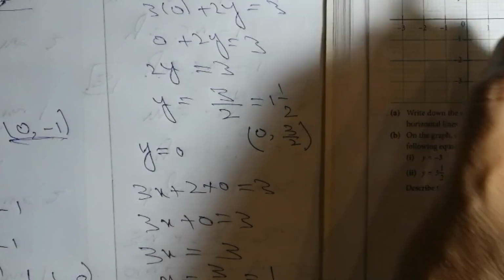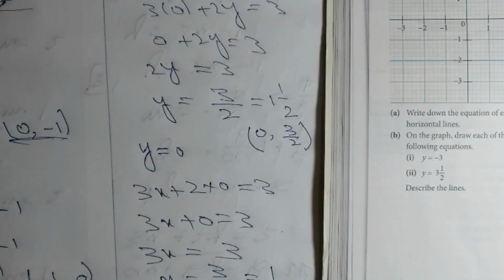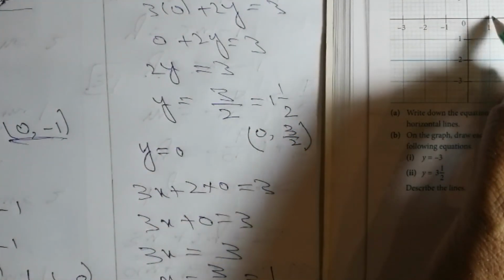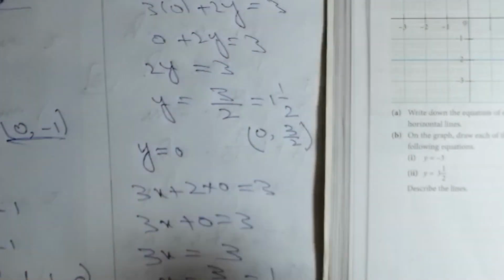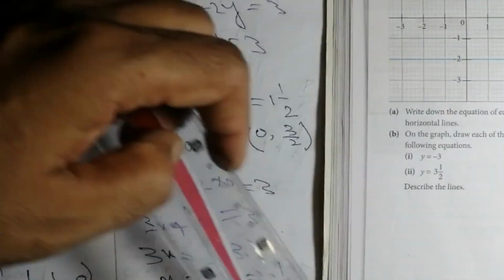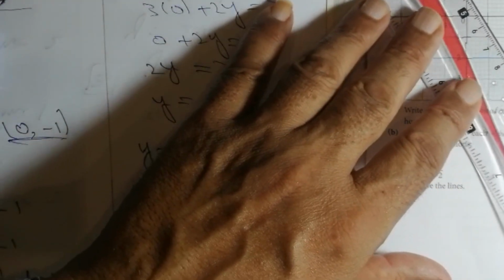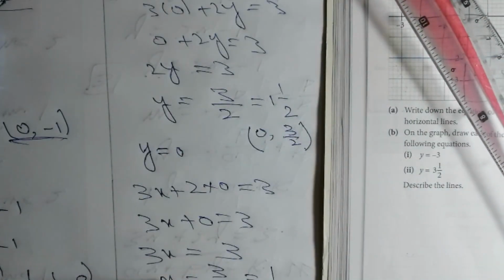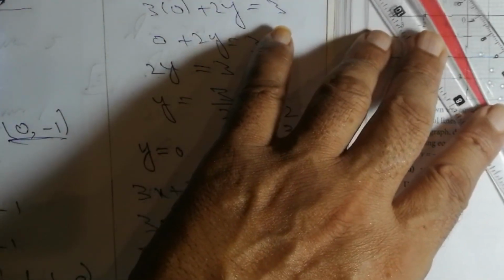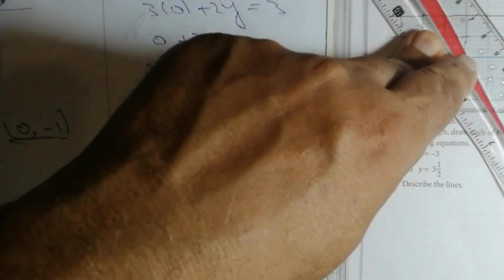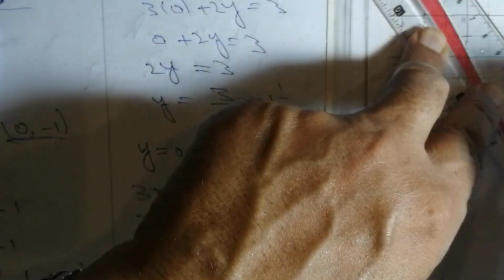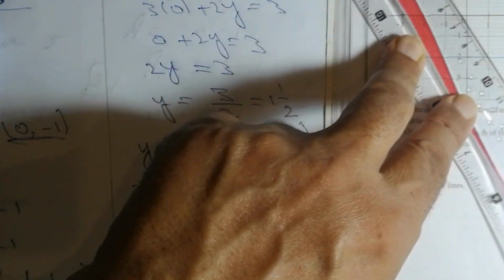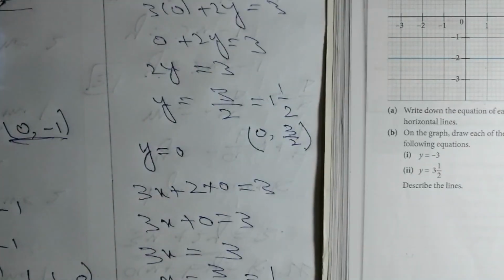And 1 and 0, where x is 1 and y is 0, is the other point. By joining these 2 points, we can get the straight line. So you need to draw the lines on the graph paper.